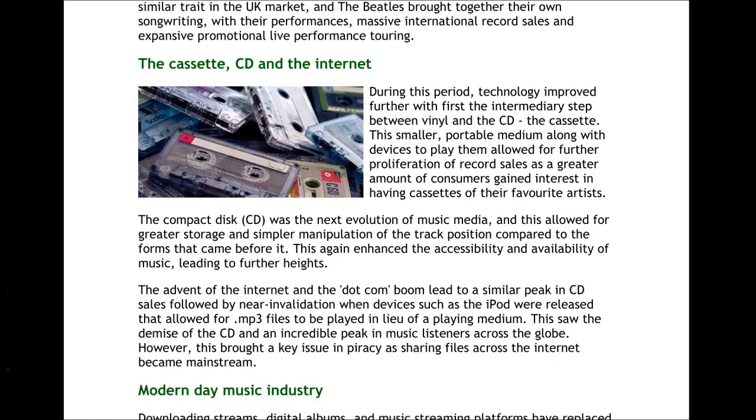And then the internet is essentially where you see CDs peak, and then piracy becomes a thing. And there's a big issue there in terms of lost revenues in this wild west of the internet. And this essentially leads to a big lull in recorded music until not only the legal aspect of it catches up to the internet, but also streaming.